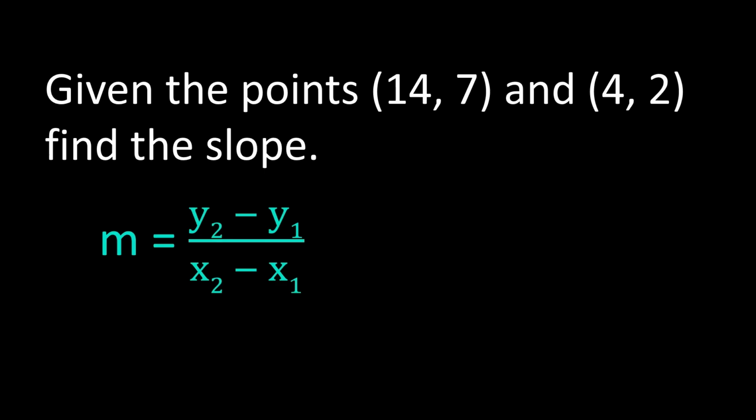However, knowing that I'm going to be subtracting, it makes sense to allow the point with the larger values, the 14, 7, to be my x2 and y2. That means that 4, 2 will need to be x1 and y1. I do recommend that you label these points so when it is time to substitute them into the formula, that step is a lot easier.